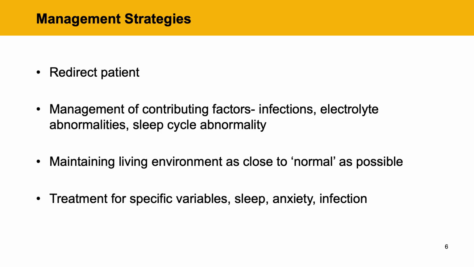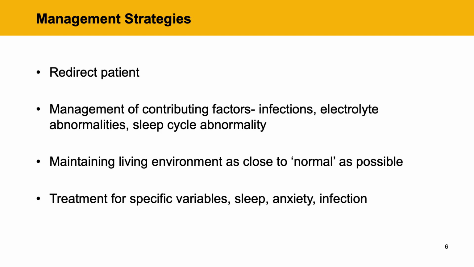So Parkinson's, as you all would know now, at least towards the end of this whole sitting that we've had, be aware it's all multifactorial. Every small thing makes a big difference. So sleep cycle, you want to address the sleep if somebody's not sleeping well. And then to maintain the living environment as close to normal as possible is very important.